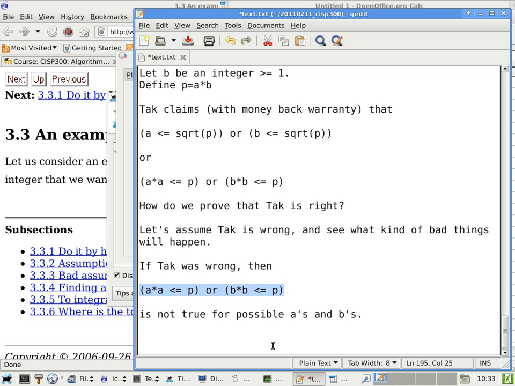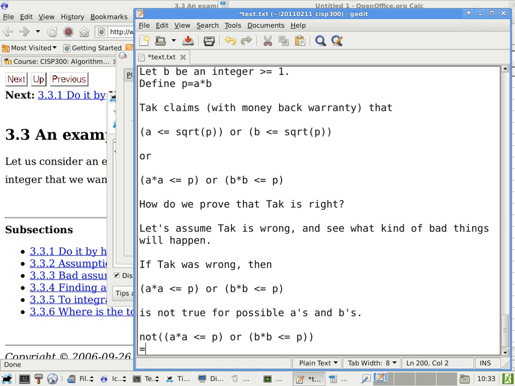Now, what does it mean when this is not true? Okay, so if this is not true, what does it mean? To say that it is not true that A times A is less than or equal to P, or B times B is less than or equal to P, isn't it the same as saying A times A is greater than P, and B times B is greater than P?